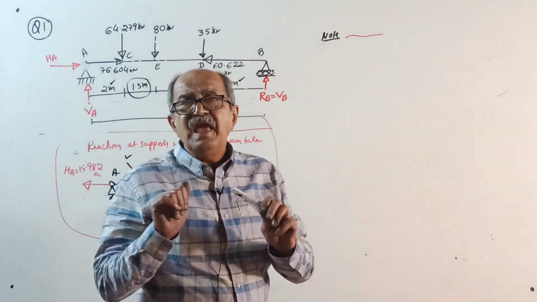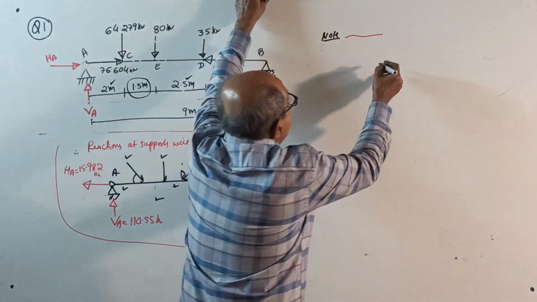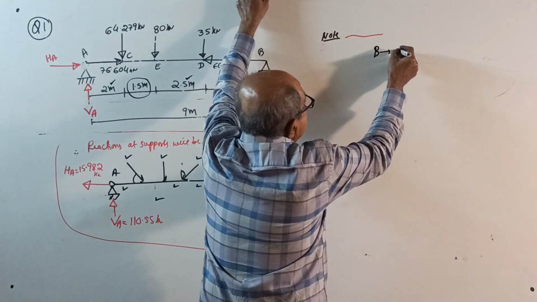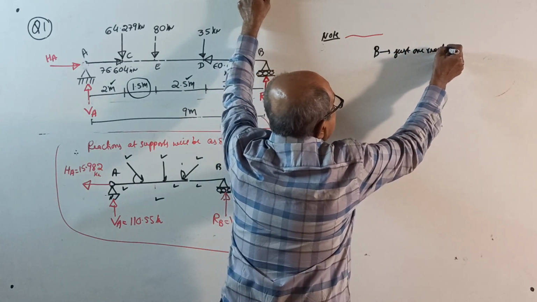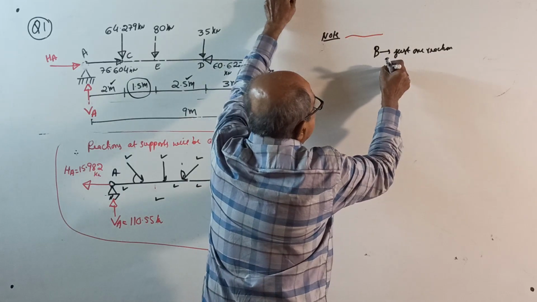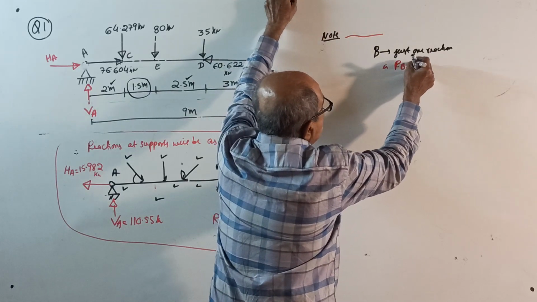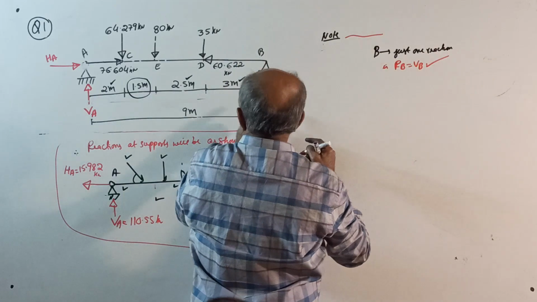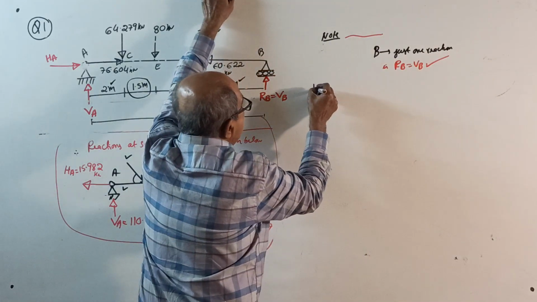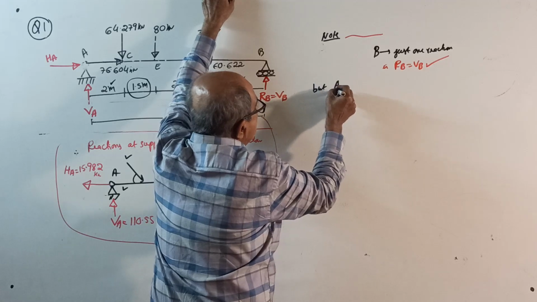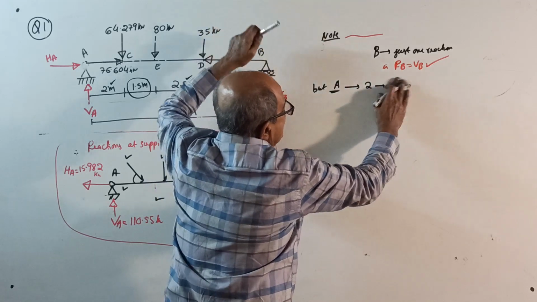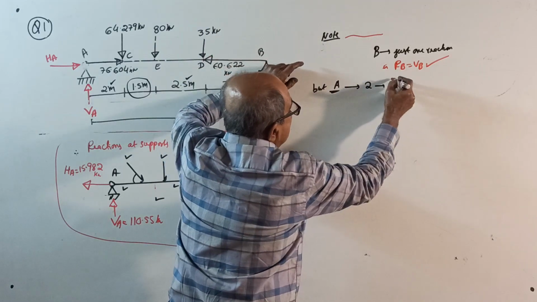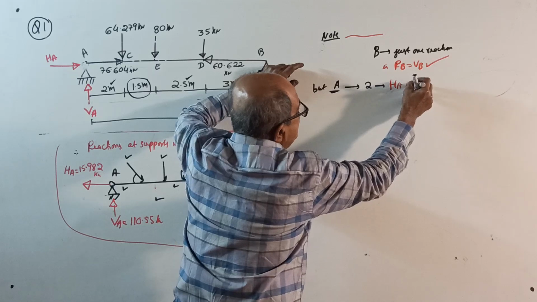We are asked to find reaction. So, at B, just one reaction, that is RB equal to VB, we got it. But at A, there are two reactions, HA and VA.